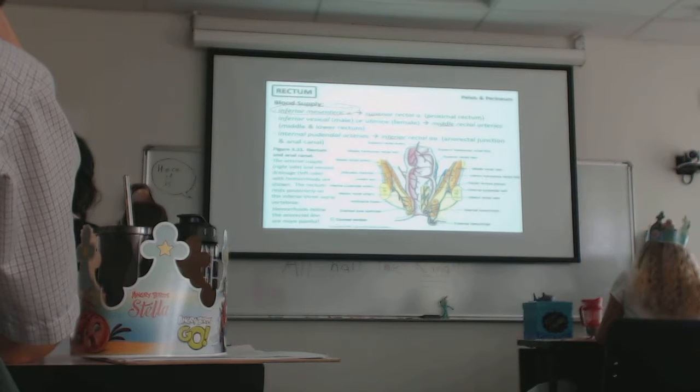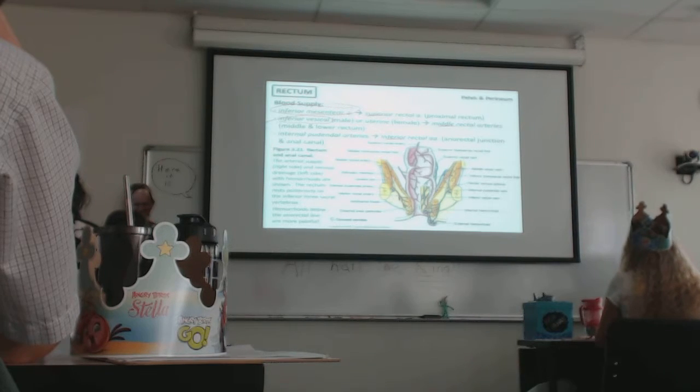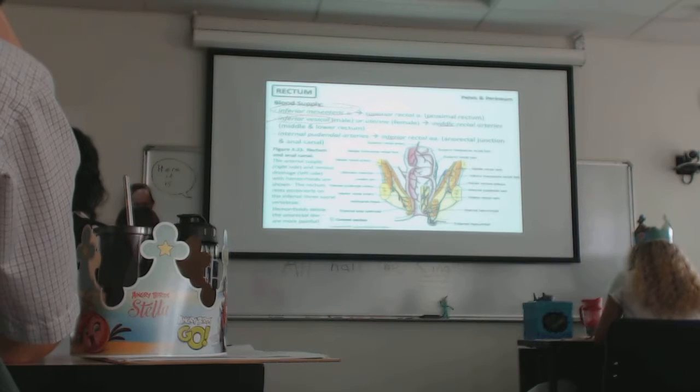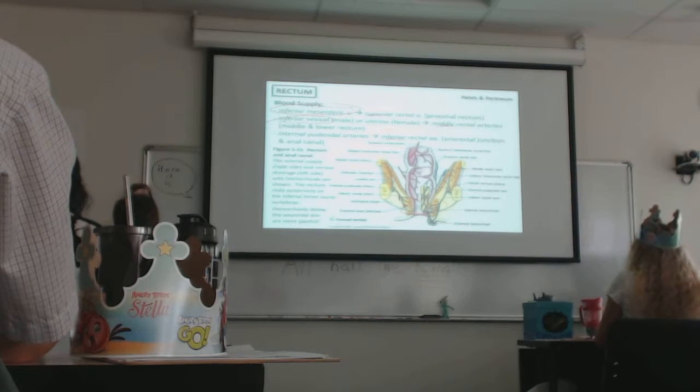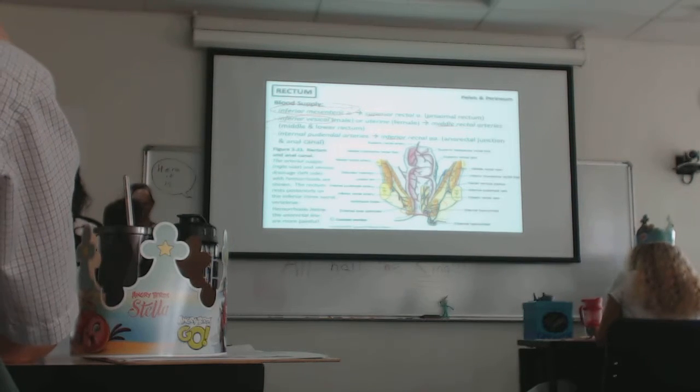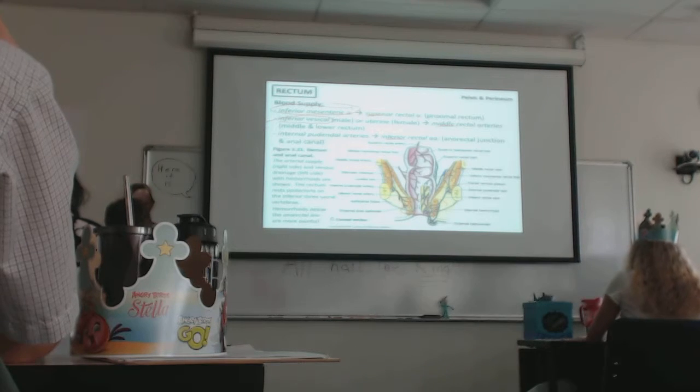The middle from the inferior vesicle, and also there's another source there, but we won't worry about that. The inferior vesicle implying what? The bladder. These are the uterine arteries that we're talking about there. And then the inferior rectal arteries receive their blood, that is to say, way down here from the pudendum. So all makes sense, follows that same pattern we saw before.